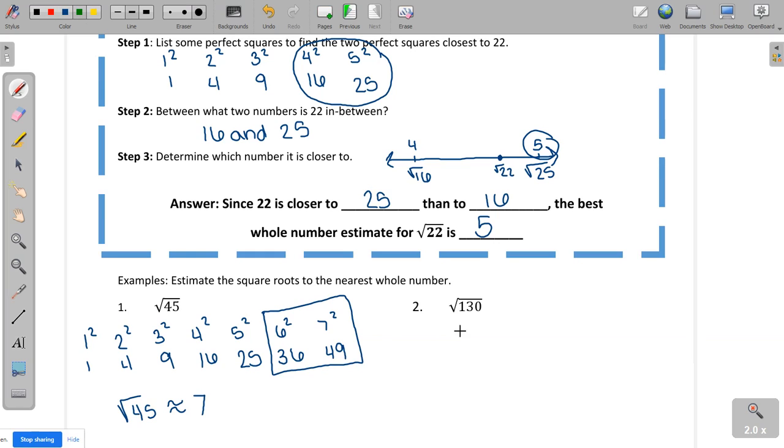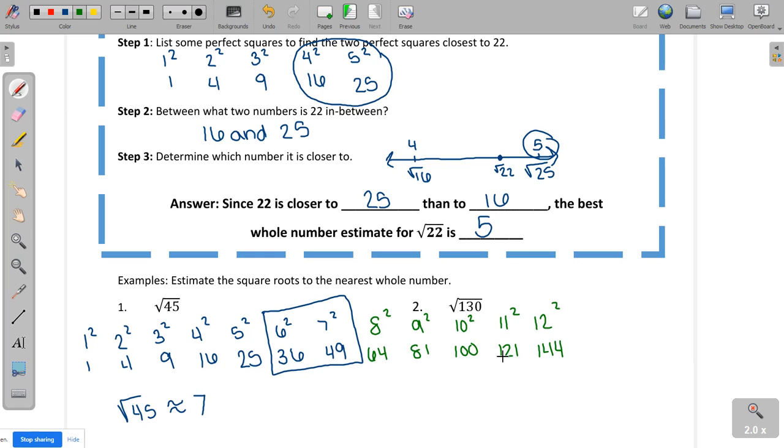So let's look at number 2. We have the square root of 130. So we already have this list going to 49. So let's just continue it on. So 8 squared is 64. 9 squared is 81. 10 squared is 100. 11 squared is 121. 12 squared is 144.